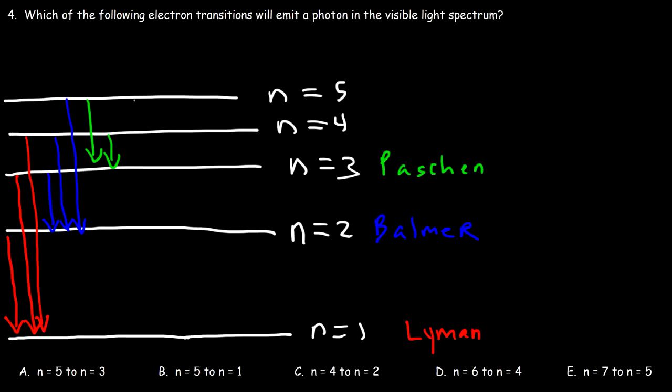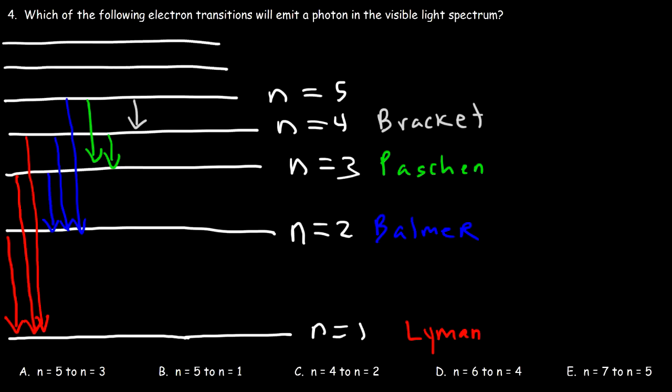And then if it falls, let's say from 6 to 4 or 5 to 4, that's known as the Brackett series. And then if it goes down to the fifth, I'm going to put this in yellow. That's known as the Pfund series.